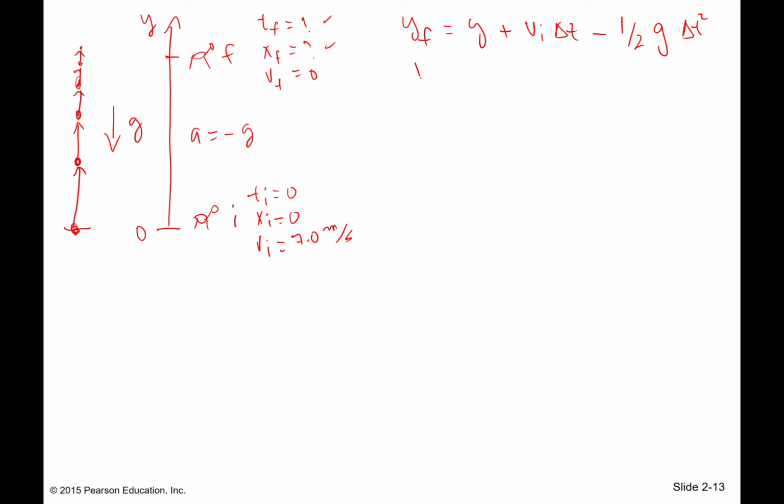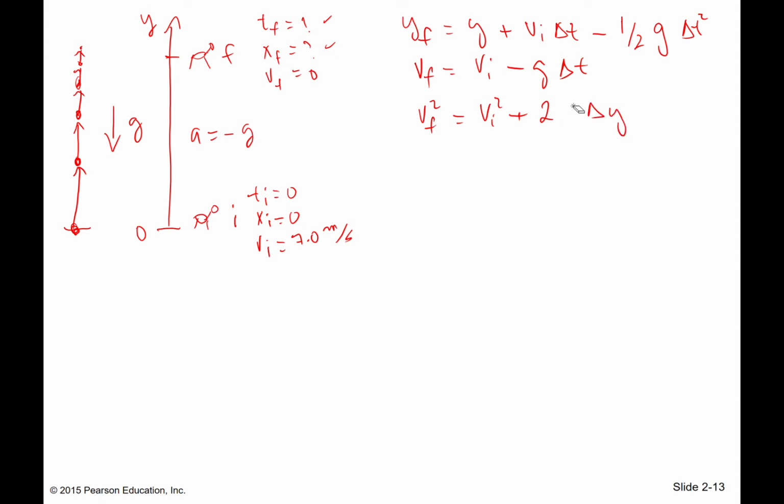My second equation: v final is equal to v initial plus the acceleration, which is minus g, times delta t. And finally, my third equation: vf squared is equal to vi squared plus 2 times a delta y.